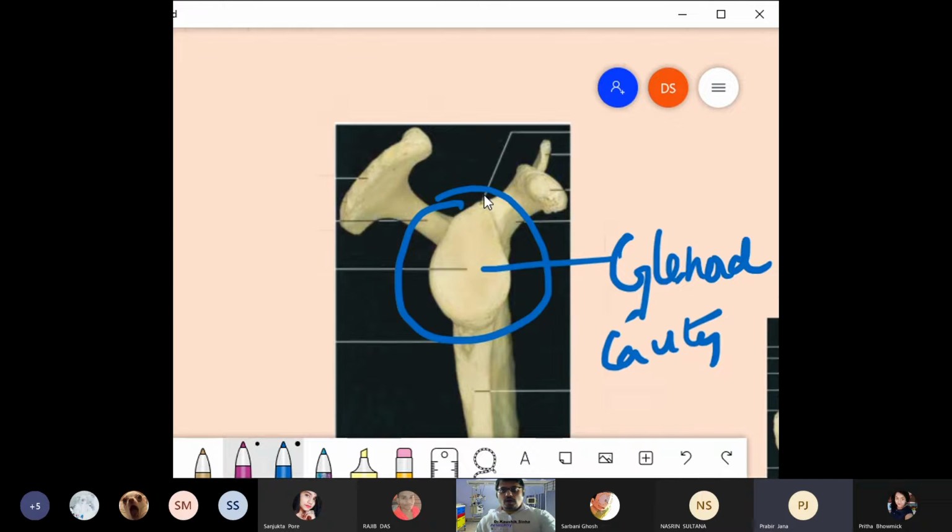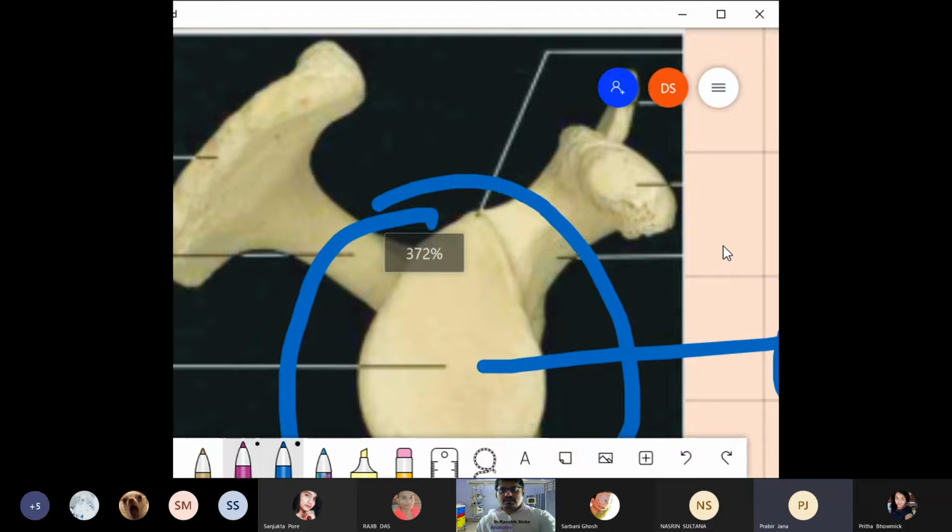And on the top of this cavity, see that there is a projection. Noticed it? This small projection. Follow my cursor, follow my mouse. This is the area I am speaking of. This one, where I am placing the double ticks. Did you notice it?